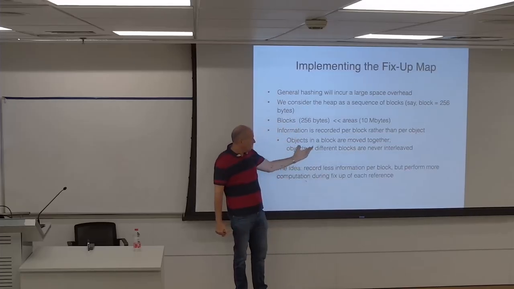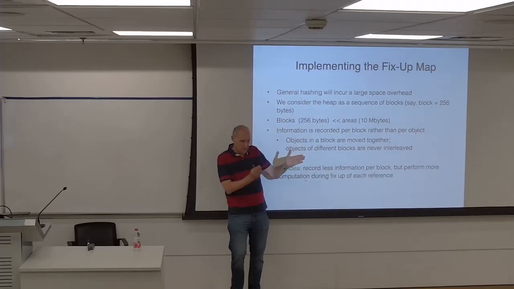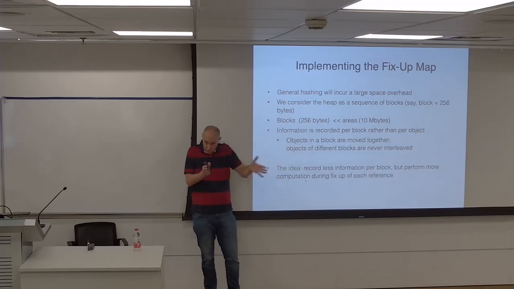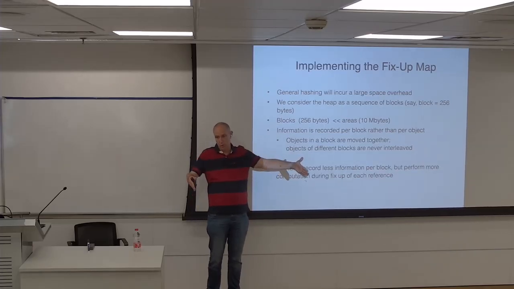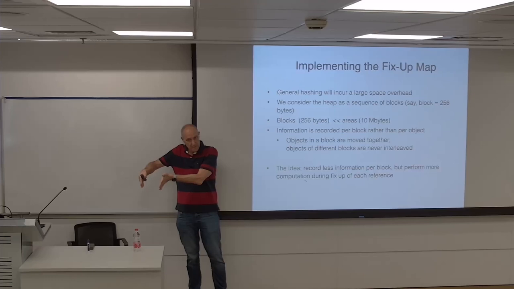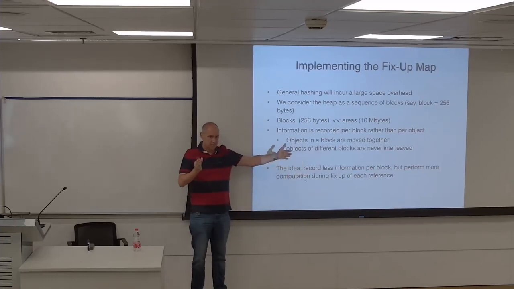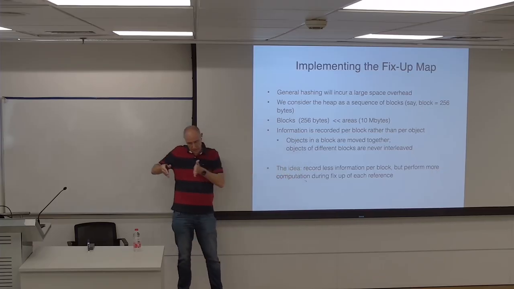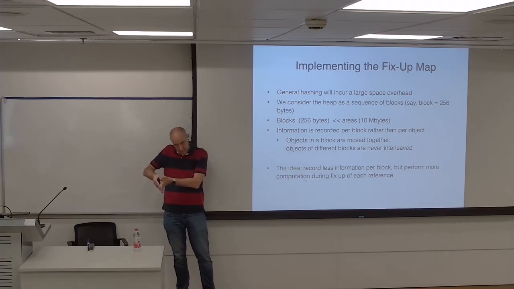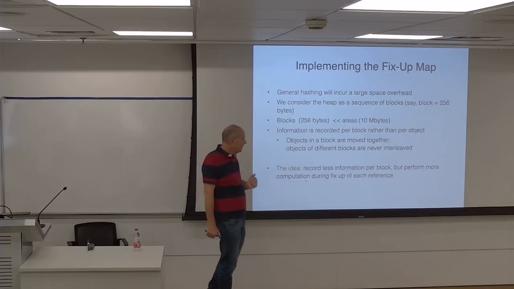And so all the objects in a block are moved together. They are compacted, so maybe they take less space and move to a smaller space, but they stay together. They keep the same order. If I have, I don't know, 5 objects in a block, they are compacted together and remain adjacent to each other.